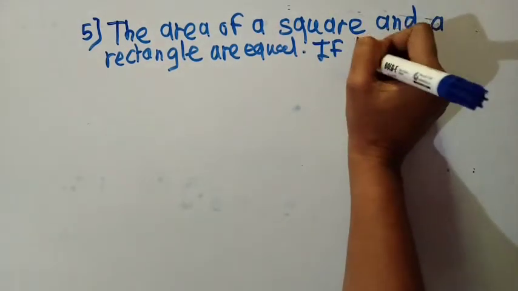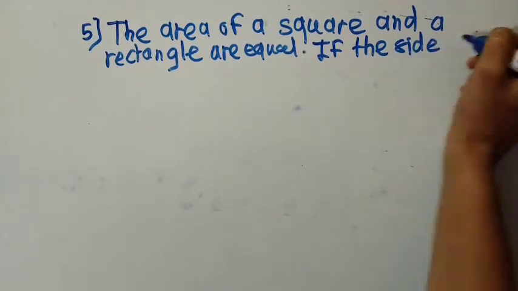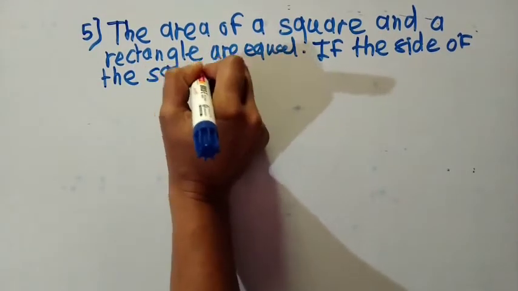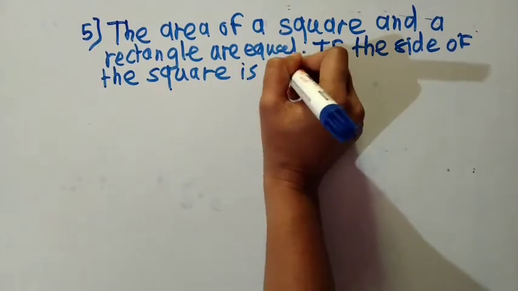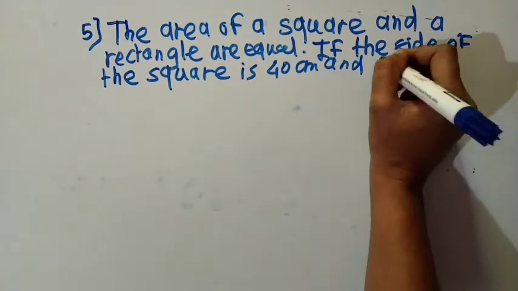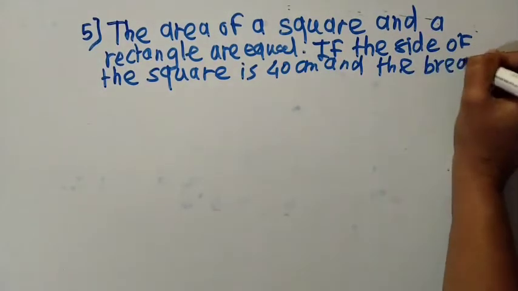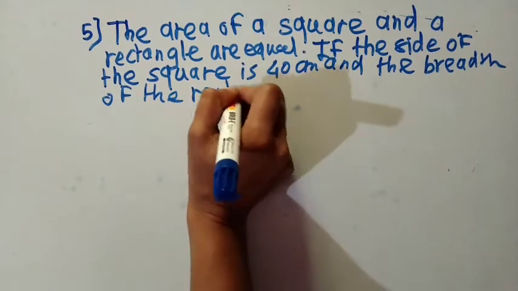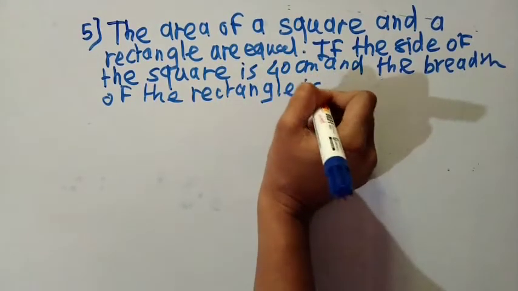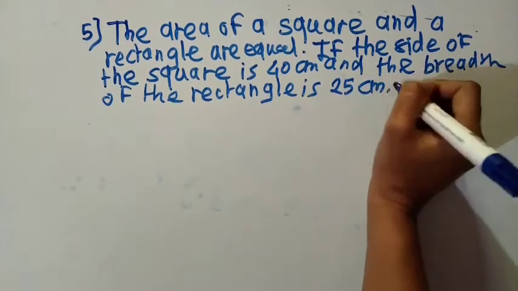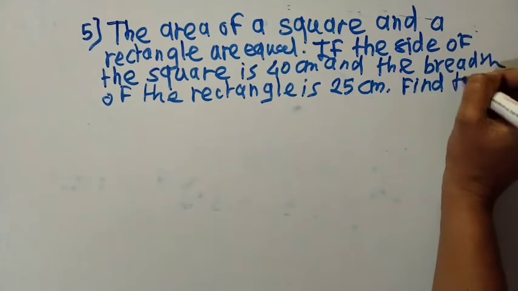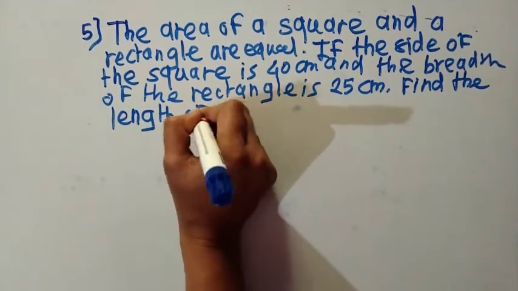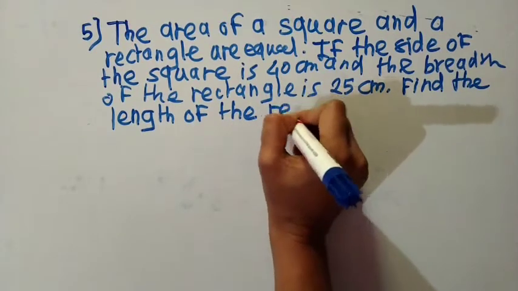If the side of the square is 40 centimeter and the breadth of the rectangle is 25 centimeter, then find the length of the rectangle.